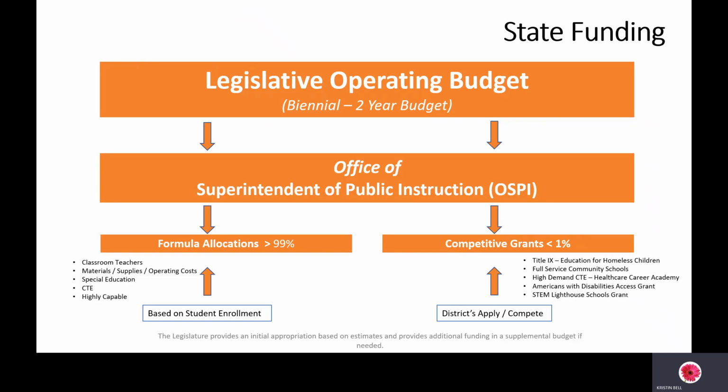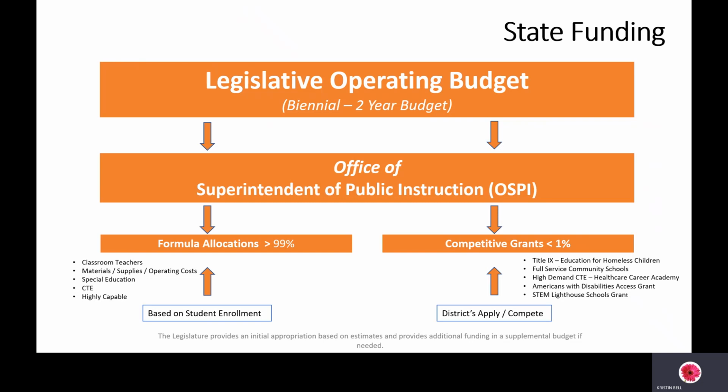You can see your classroom teachers are developed through a formula, your materials, supplies, and operating costs. You'll hear us refer to that as MSOC. That's what that stands for. Your special education revenue coming from the state is a formula, your CTE and highly capable, and those formulas are all based on student enrollment.